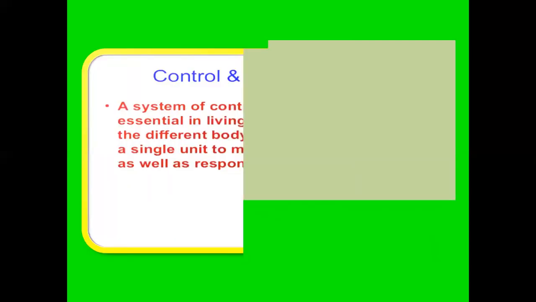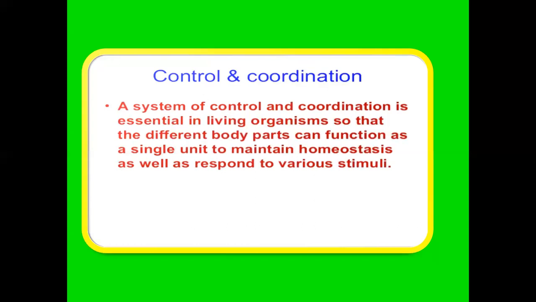Now, some examples of coordination. I want to give the example of a player. A cricket player, when he wants to catch a ball, his muscular system, respiratory system, circulatory system, and nervous system all work together.